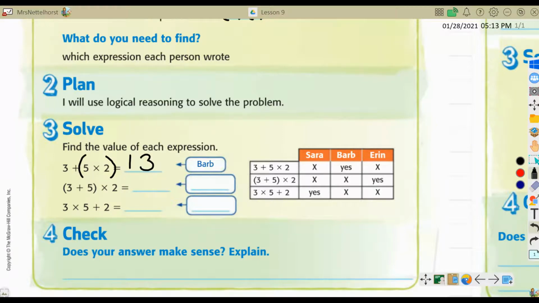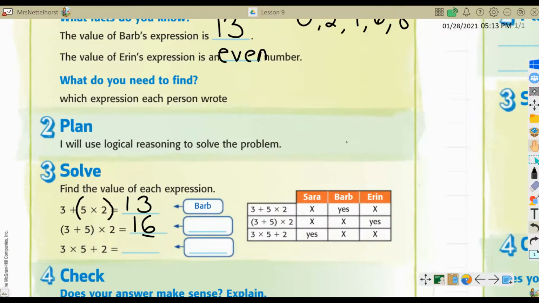Okay, now I'm going to do what's in parentheses first on the second expression. 3 plus 5 is 8, times 2 more is 16. Well, I'm looking at the digit that's in the ones place, and I see that it's a 6. That's an even number. So the person that does even numbers, I'm going to look back up at my problem.